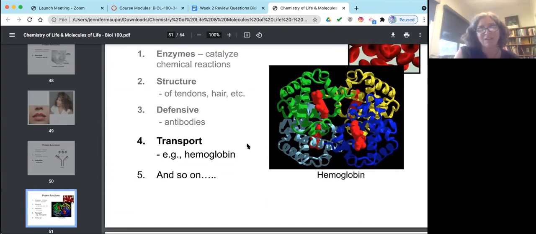If it comes up on an exam, I would want you to know these specific functions of proteins. What we would not say that a function of proteins is to provide energy for our bodies, because generally if we need energy, we're going to get energy from carbohydrates and from fats. But proteins as biomolecules, as molecules inside our body, those are not things that are providing energy for us.